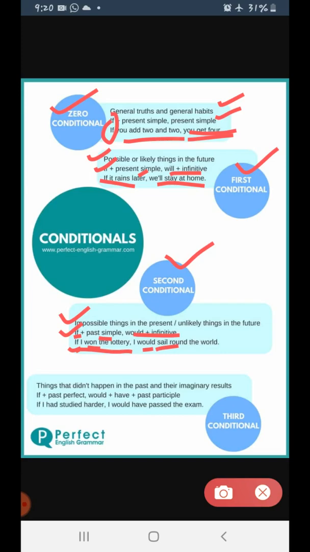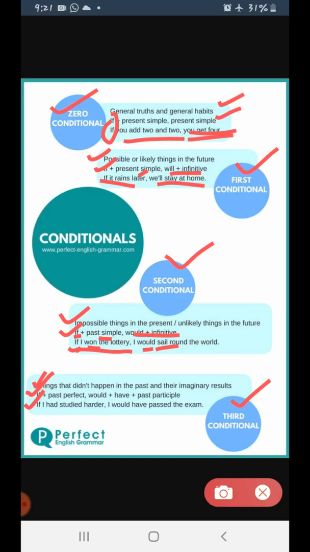And the third conditional is for things that didn't happen in the past and their imaginary result. That means it didn't happen and it is an imaginary result. First of all, the structure: if plus past perfect, and then would have and past participle. Example: if I had studied harder, I would have passed the exam.